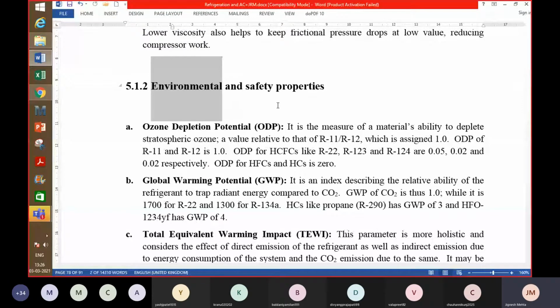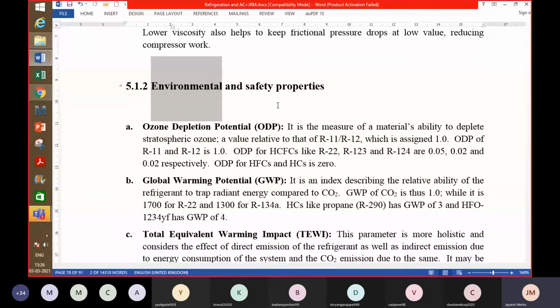And it was found that they create damage to the ozone layer in the stratosphere, and a value of 1 ODP was assigned to these two refrigerants. They are found to be equally damaging, and the ODP of all other refrigerants is assigned values compared to this value.